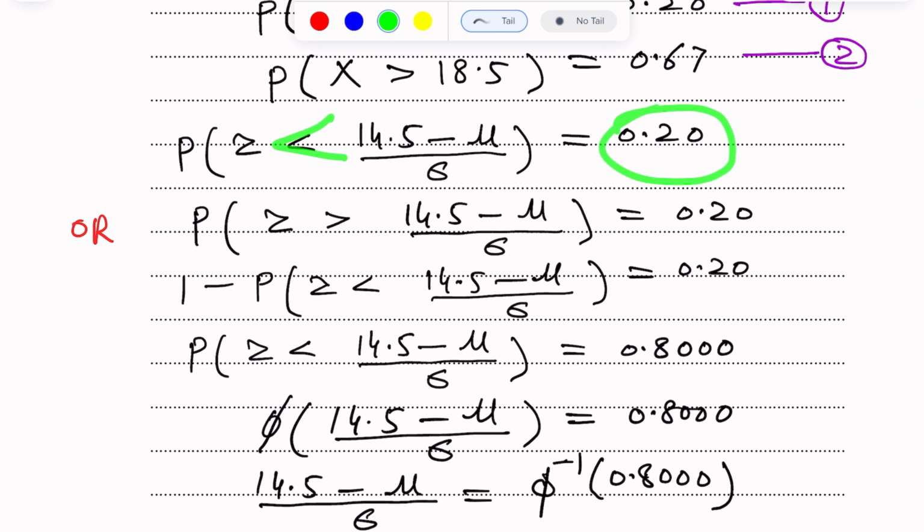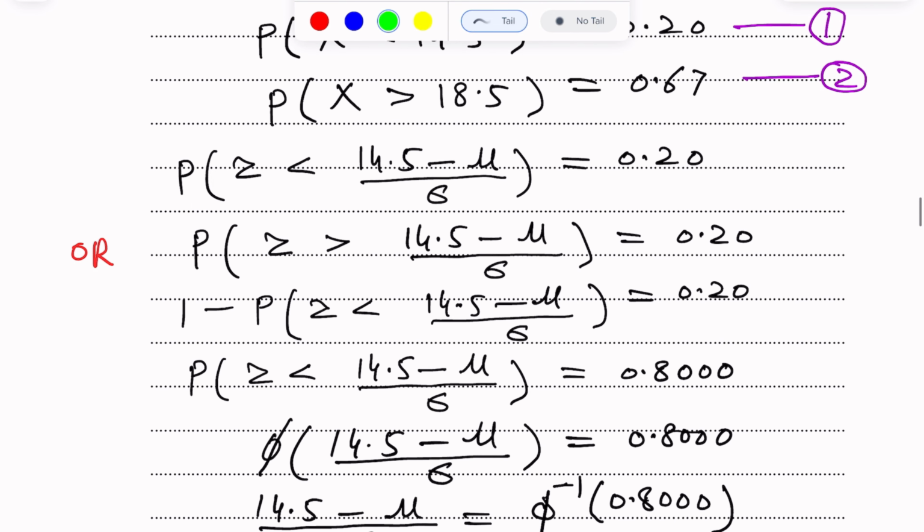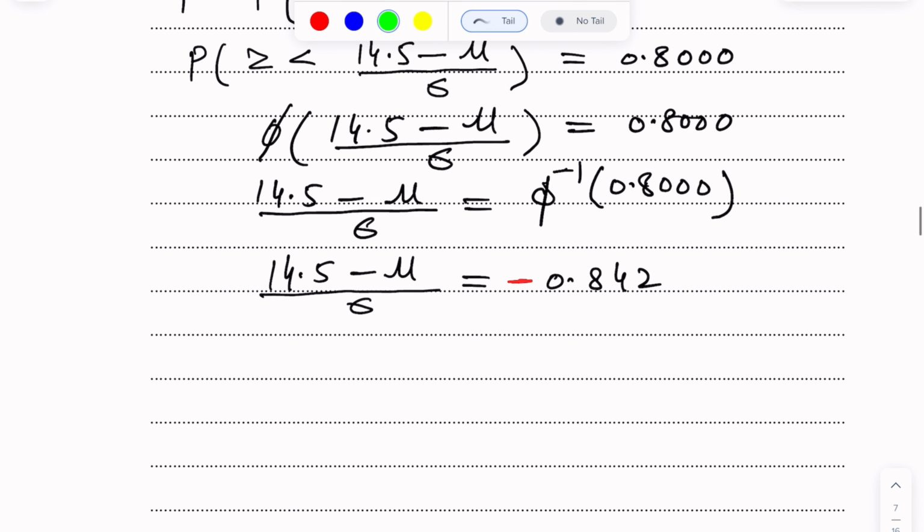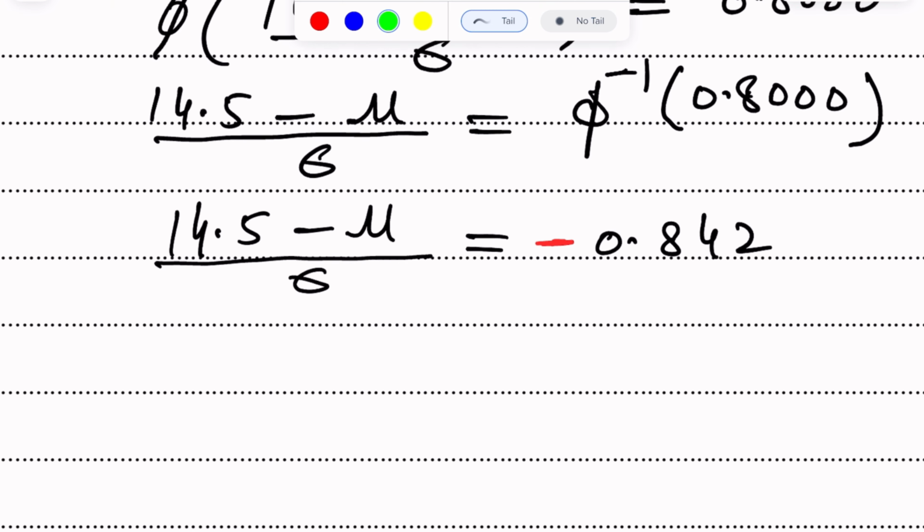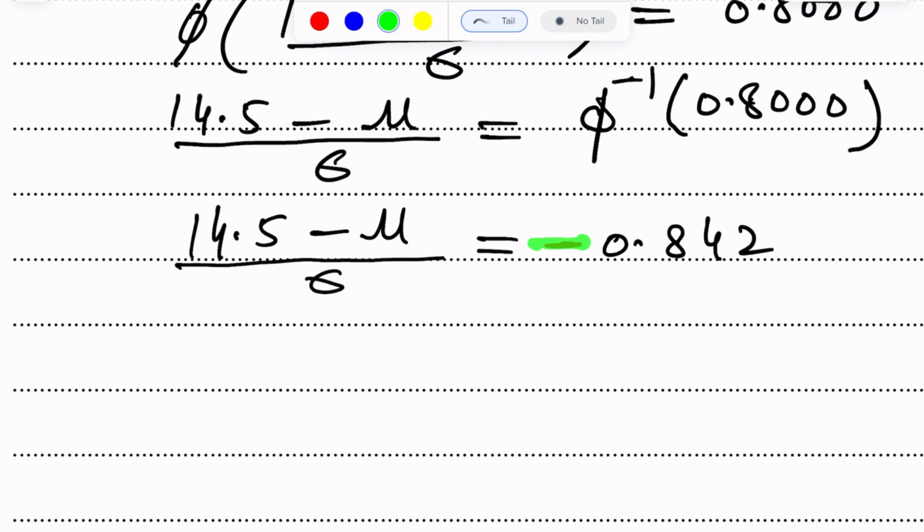Now we will take here the sign negative, because when there is a sign less than and the probability on the right hand side is also less than 0.5, we will take help from the diagram by symmetric property. Finally we take it negative because actually the z lies in the negative side. So we insert a sign of negative on one side.